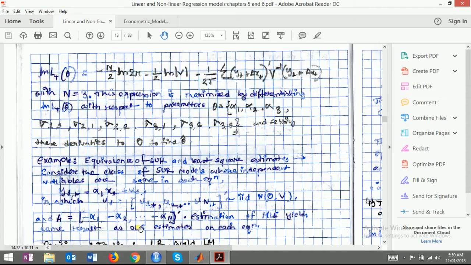That's all. It is just the decomposition, just like before, nothing new. With n equal to 3, this expression is maximized by differentiating the log likelihood with respect to parameters alpha 1, alpha 2, alpha 3.